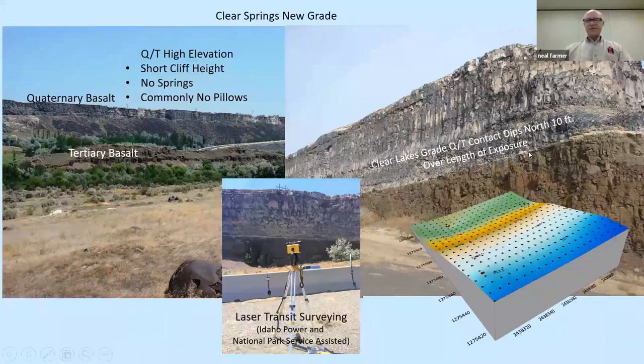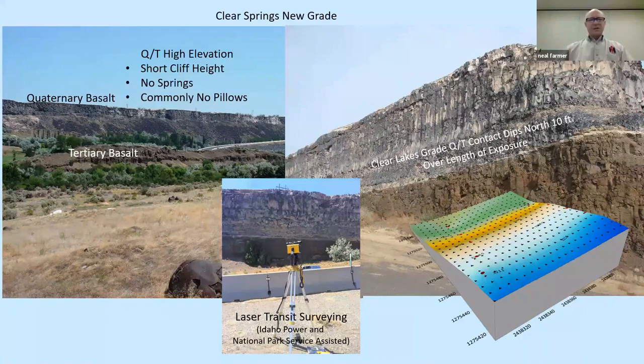There's a nice exposure in the road cut of the underlying brown Tertiary basalts and the overlying gray Quaternary basalts. There's a nice contact here that we've mapped with laser surveying equipment with Idaho Power support and National Park Service support, and that contact dips about 10 feet in the exposure to the north.